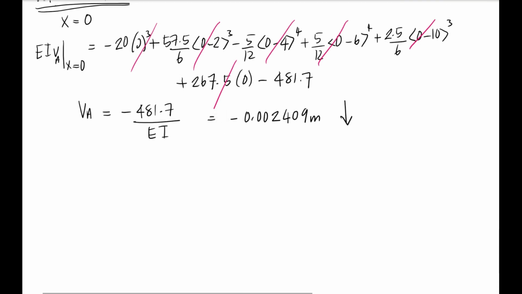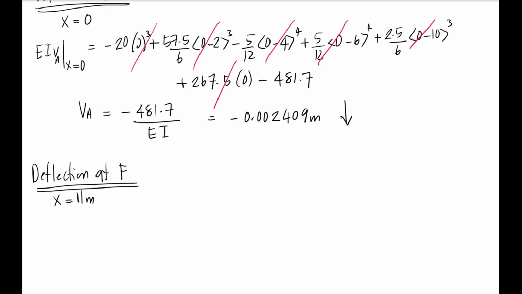Then we find the deflection at point F. So deflection at point F when x equal to 11 meters. So EI VF, x equal to 11.